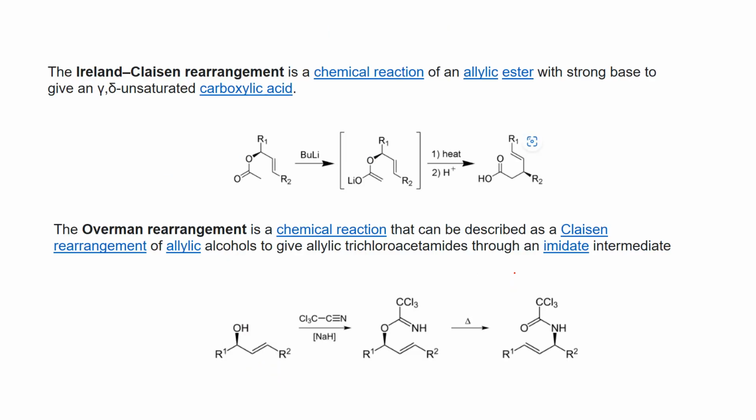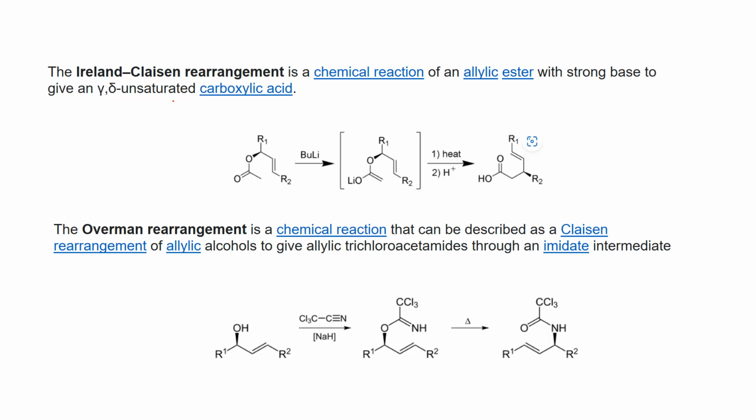There are some other types of 3,3 sigmatropic reactions which have applications. The first one is the Ireland-Claisen rearrangement. This name has been mentioned again and again in your assignments. For clarity, I am mentioning what type of substrate you will consider. We know about the Claisen rearrangement, but the Ireland-Claisen rearrangement is not that famous.